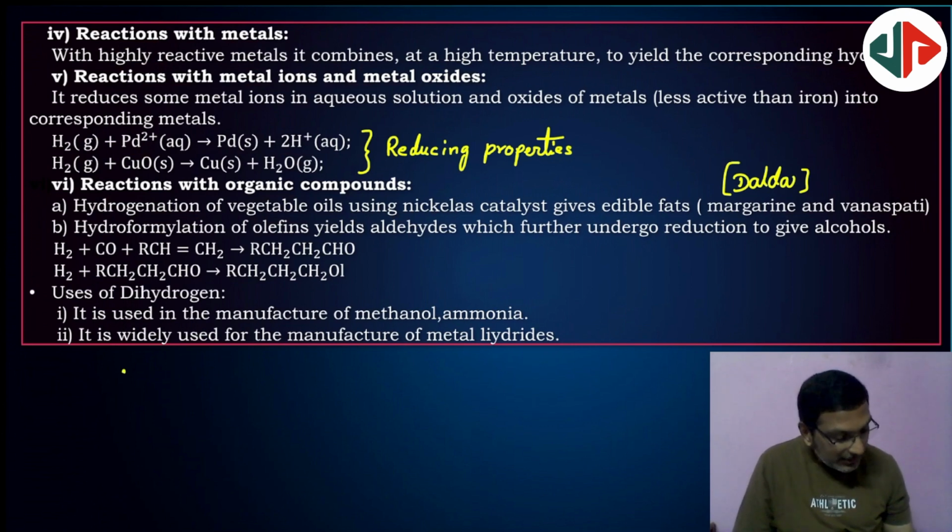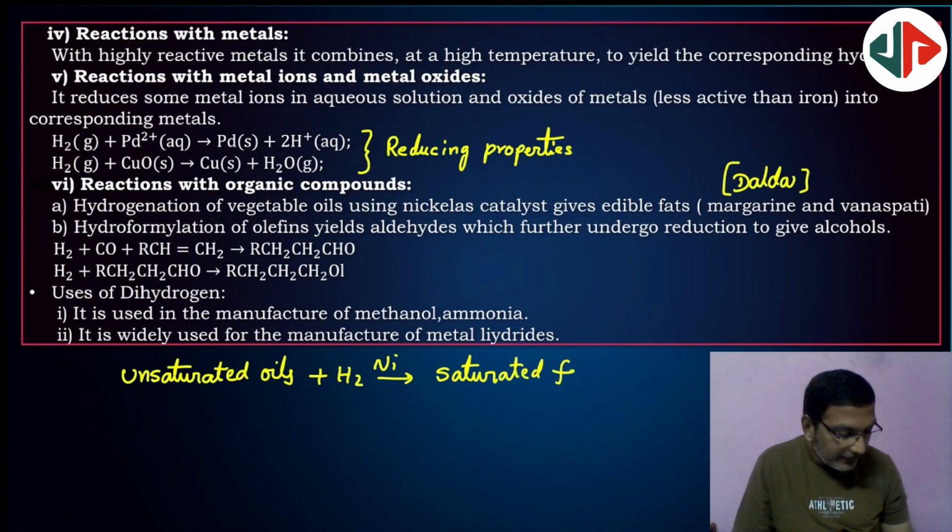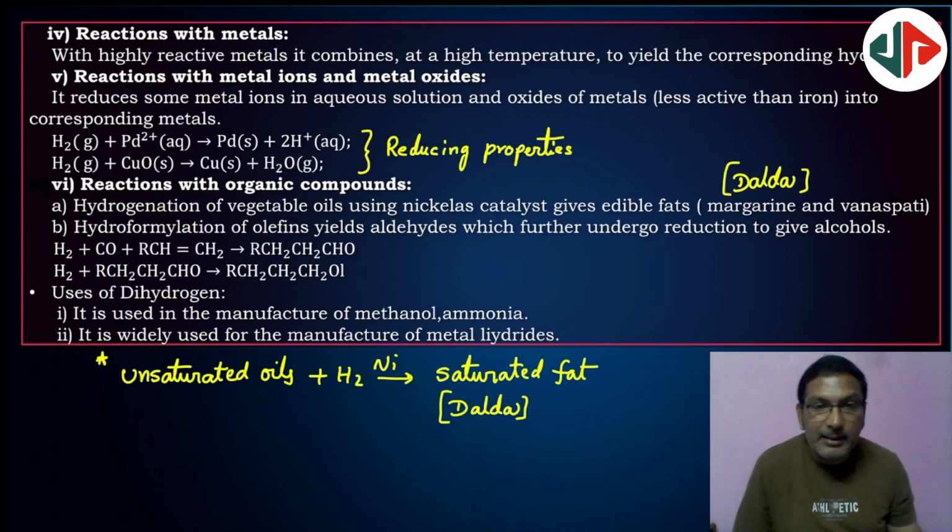So unsaturated oils react with hydrogen in the presence of nickel catalyst to give saturated fat, which is dalda. So in hydrogenation of vegetable oils, nickel is the catalyst. Remember that point, previous question.